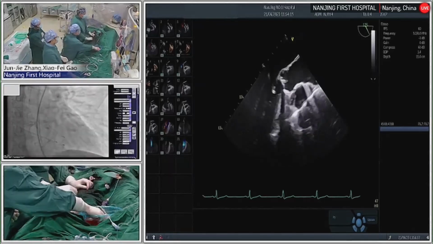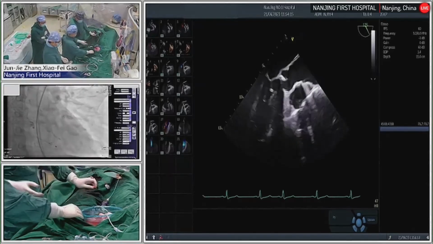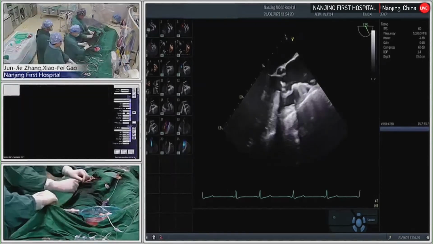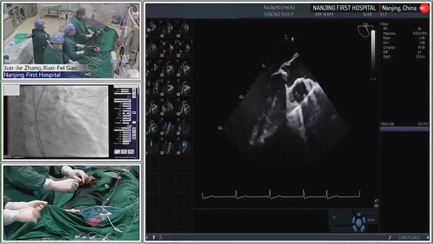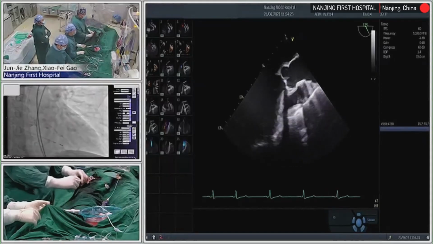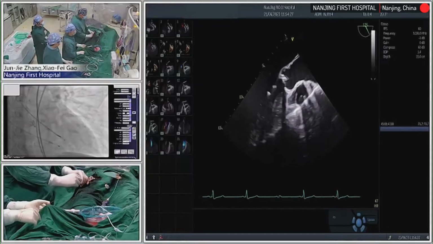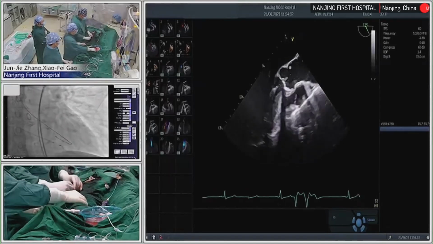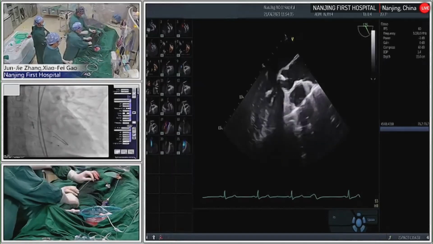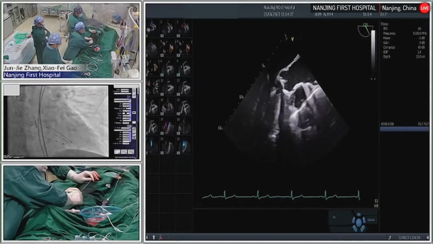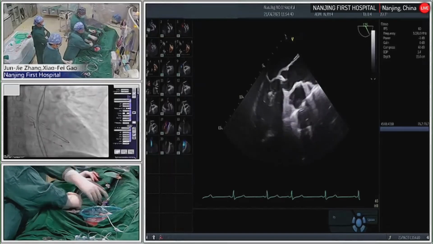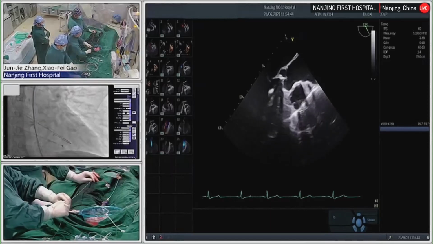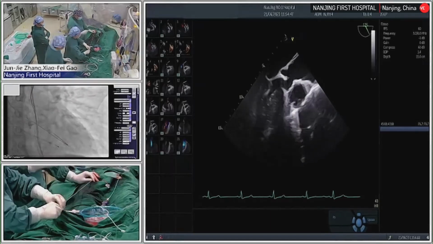Now I think the next step we will use a pigtail to exchange the wire. If we still fail after multiple tries, I will decide to make a trans-septal puncture with the antegrade method. You know what I mean? I cross the septum and use a pigtail across the septum and across the mitral valve. Then I will use a hydrophilic wire across the aortic valve antegradely.